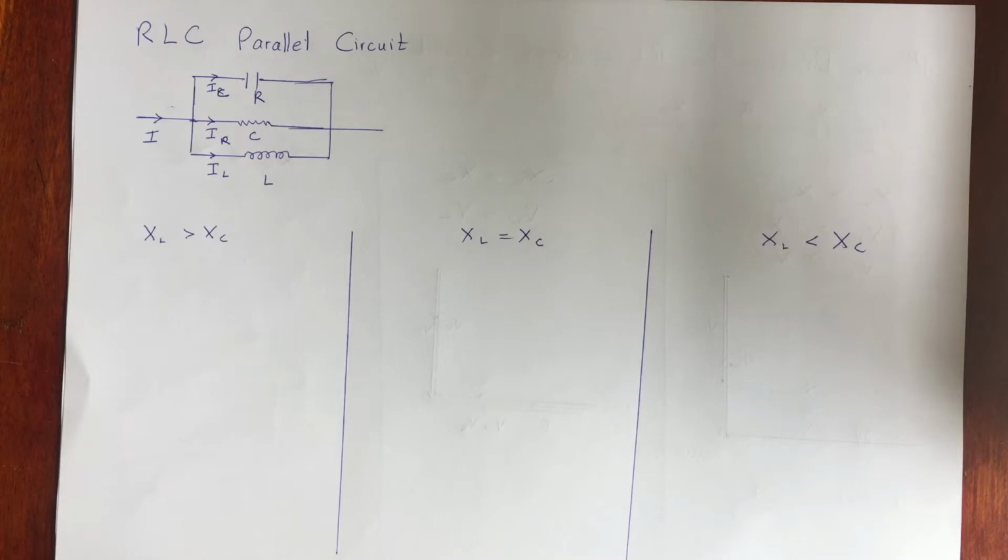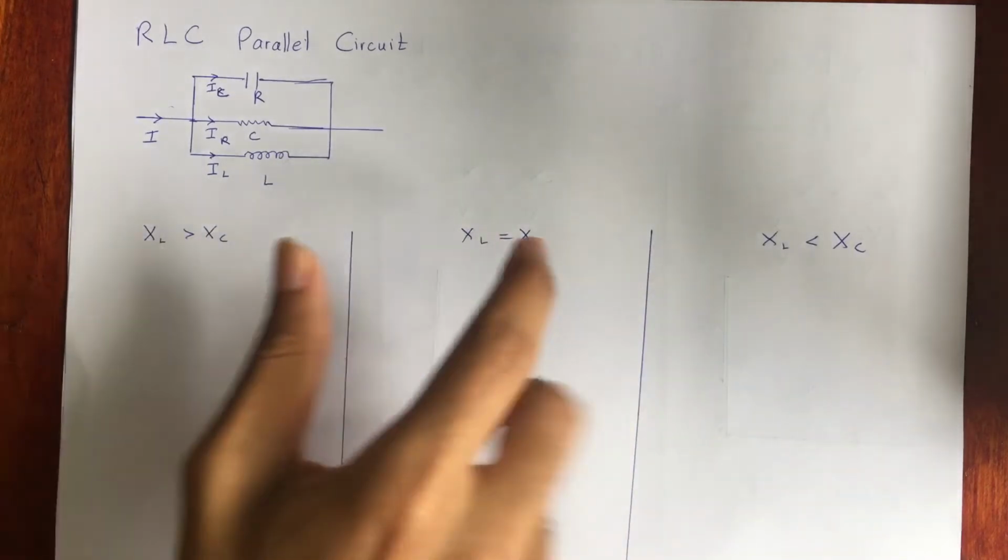Okay, without wasting our time, let's move to the question directly. In the previous part also I have already mentioned you don't need to memorize this, but the reason behind doing this in a separate video is to show what will happen or how the circuit will change in these three cases.